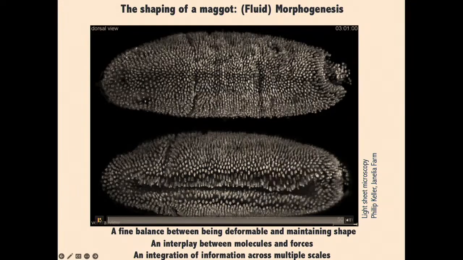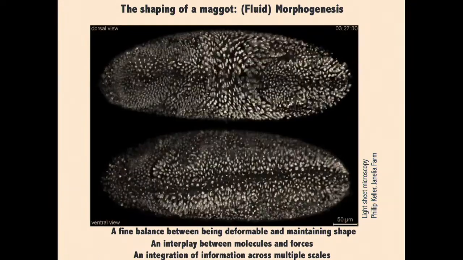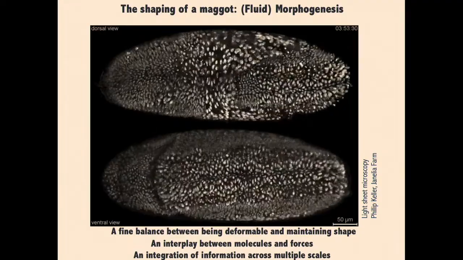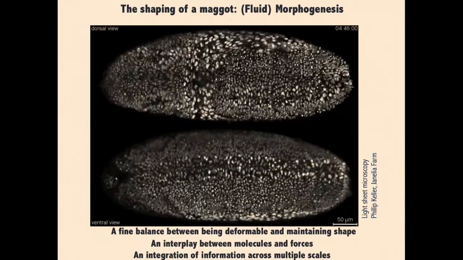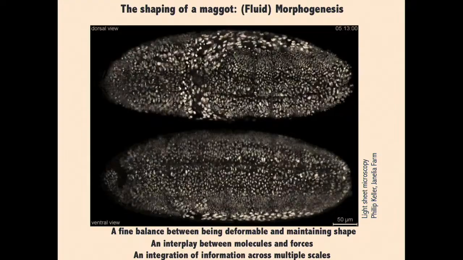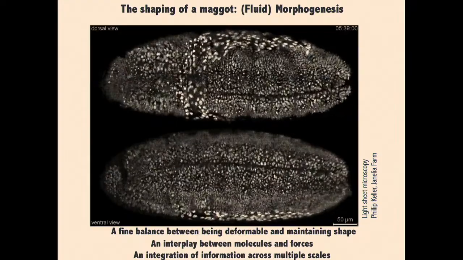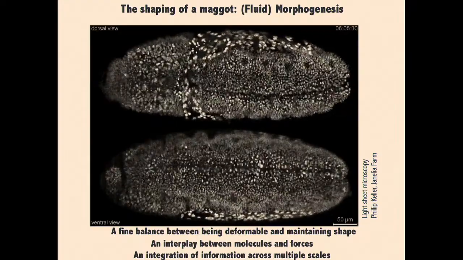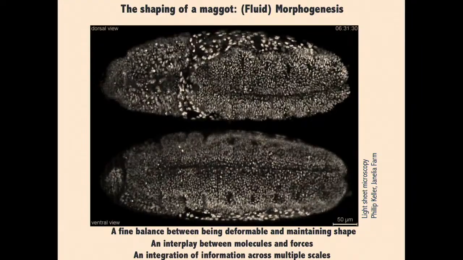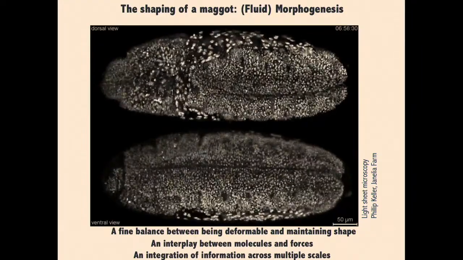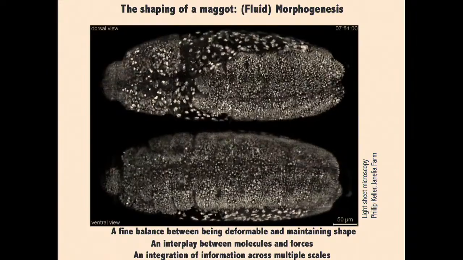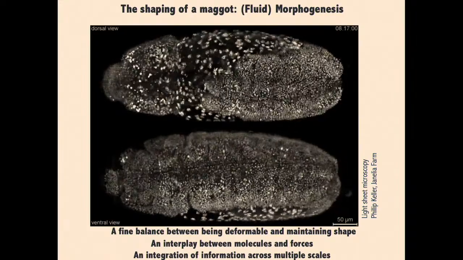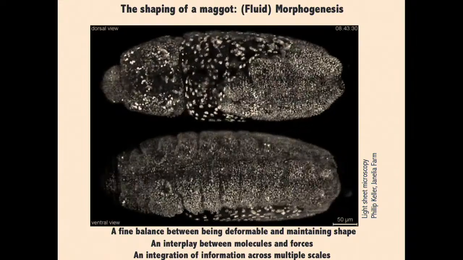Now when I play this movie, you'll see that groups of cells are getting translocated. Groups of cells here are getting squished, only for the groups of cells that translocated here to reverse gear and go backwards, so that this part here will end up eventually here, effectively unfolding the axis of the embryo.